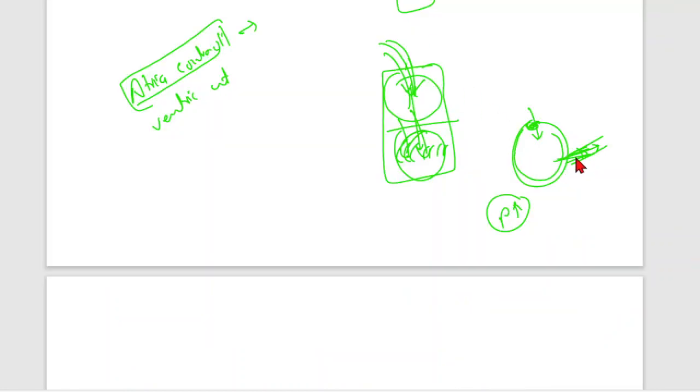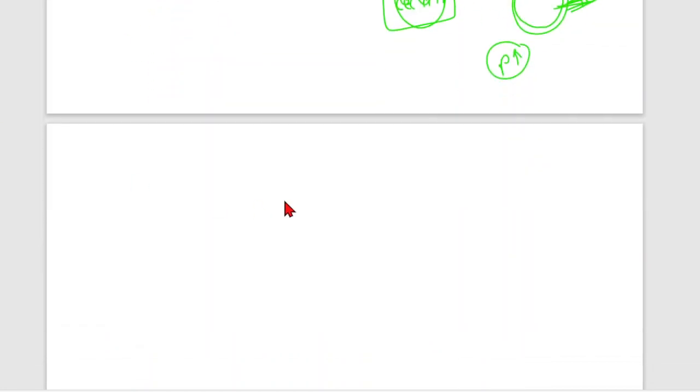When the ventricle contracts isovolumetrically, no blood moves out and no blood moves in, so the pressure increases so much. Here is the aorta, with its pressure like this, and the ventricle pressure is much higher. When the ventricular pressure rises, the aortic valve and pulmonary valve open, and the blood moves to the aorta and pulmonary trunk.